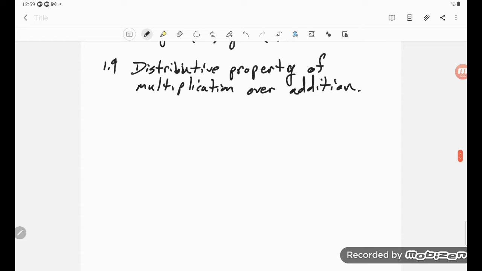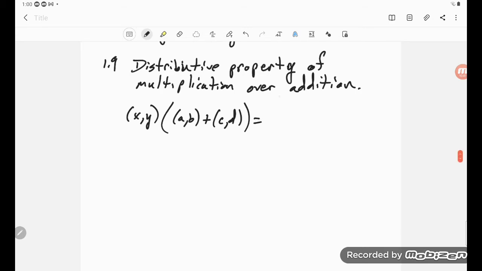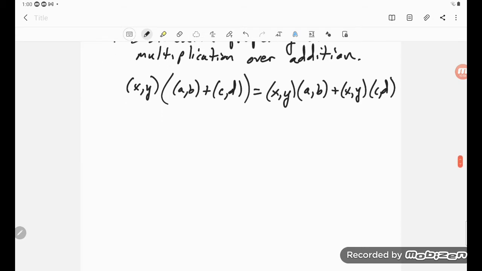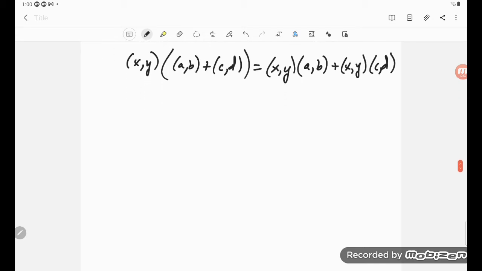So if I take my x, y and I multiply that by the sum (a, b) plus (c, d), just like with real numbers, I could have done (x, y) times (a, b) plus (x, y) times (c, d). So we've got that.